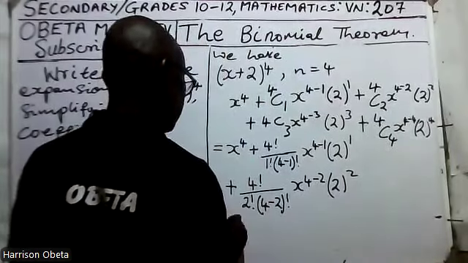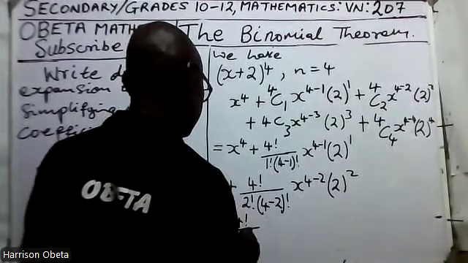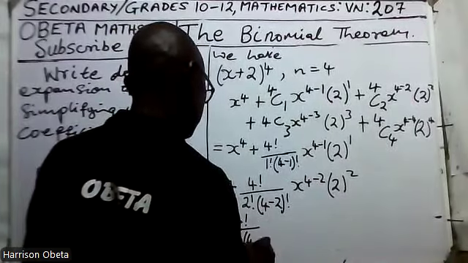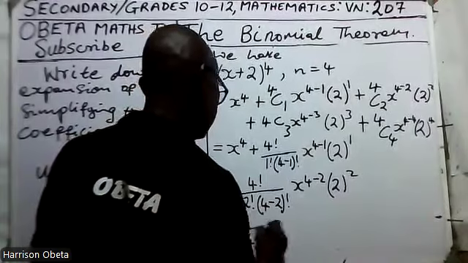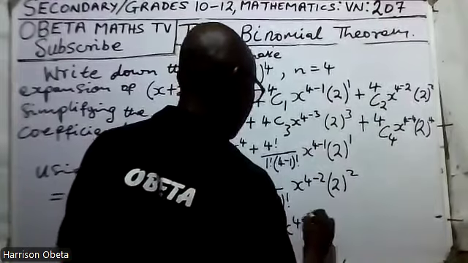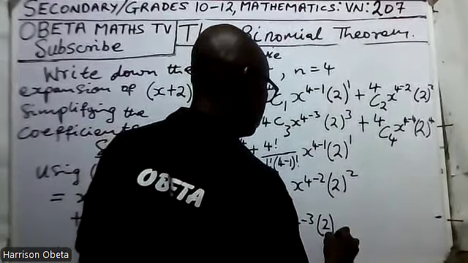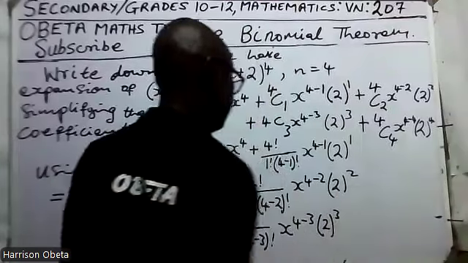That will give us plus 4 factorial all over 3 factorial, 4 minus 3 factorial. Then x raised power 4 minus 3 into 2 raised power 3.